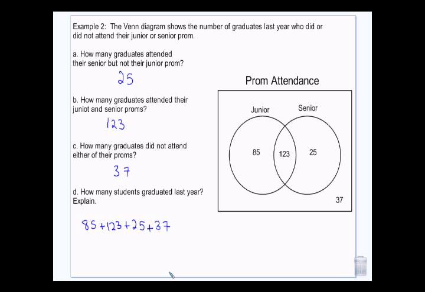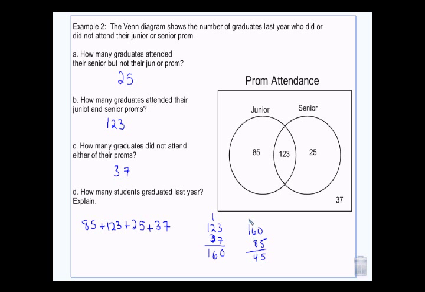We're going to add all of those up because these are all of the graduates who did or did not attend junior and senior prom. So we add up everybody. Actually, I'm going to do 37 next. Then I get a 10, then I get a 6, then I get a 1, and then I'm going to do 85.